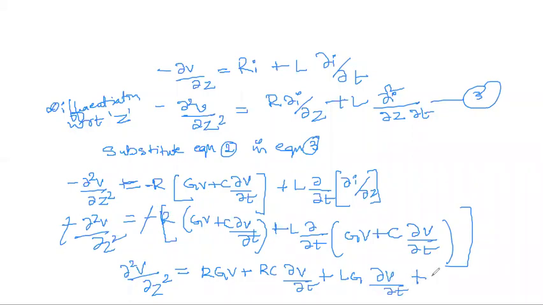Only V and I are the things which will change with respect to time. So plus LC ∂²V/∂t². The final equation is ∂²V/∂z² equals RGV plus RC ∂V/∂t plus LG ∂V/∂t plus LC ∂²V/∂t². Any confusions to solve this?